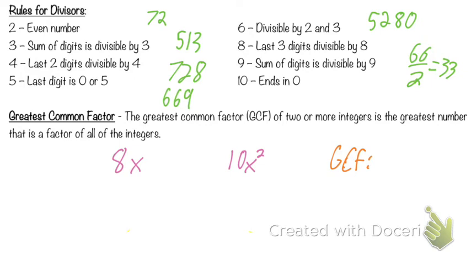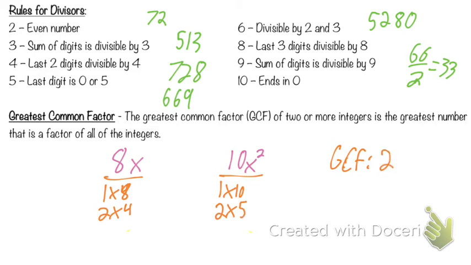What's the greatest number that goes into both 8 and 10? 2 goes into both. If we figure out the factors of 8, we have 1 times 8, and 2 times 4. Are there any others? What are the factors of 10? 1 times 10 and 2 times 5. What's the greatest common factor there?